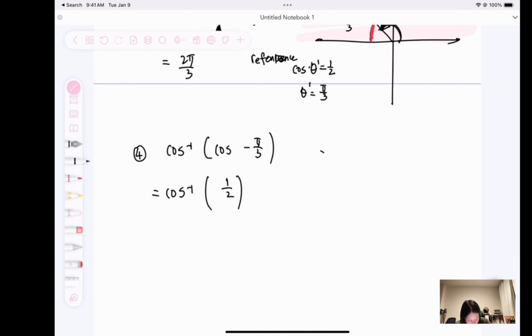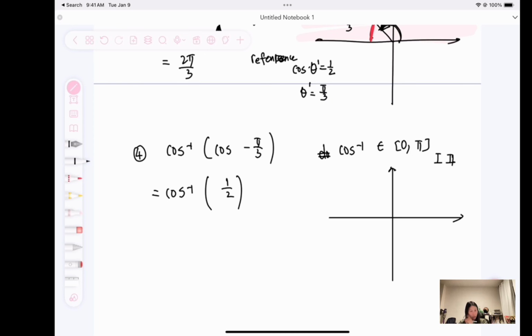Now, the domain of restriction for the inverse cosine function will be from 0 to pi. So that means we expect our value to be in the first or the second quadrant. Okay, so now we have cosine 1/2, which is positive.